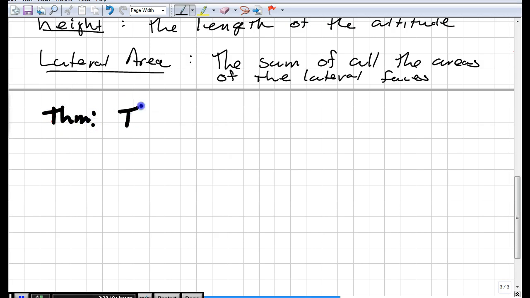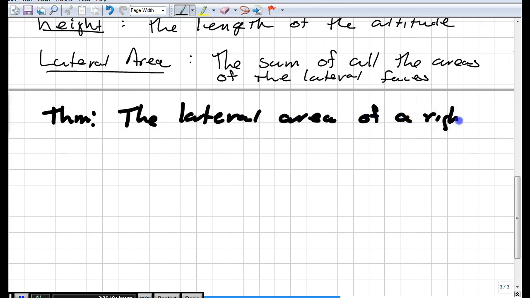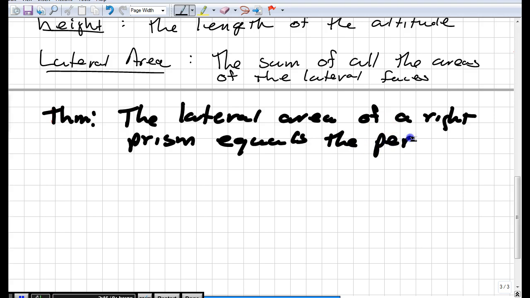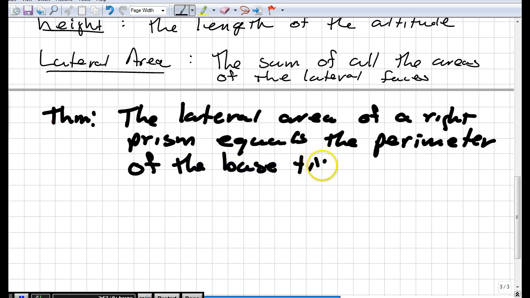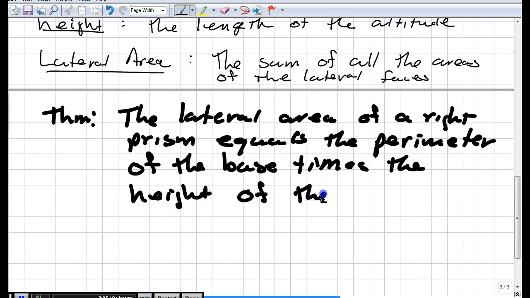And the theorem says the lateral area of a right prism equals the perimeter of the base times the height of the prism.